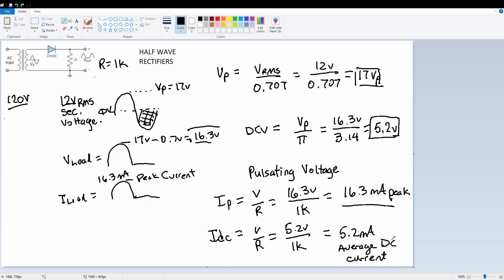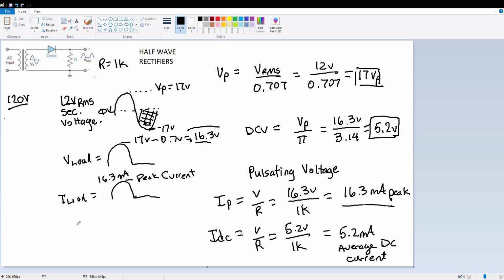One other thing that we do need to talk about is the diode PIV rating. The PIV rating is the amount of voltage the diode will have to block. Well, in this case, since the incoming voltage rises to a peak of 17, it's also blocking this negative 17 volts down here as well.